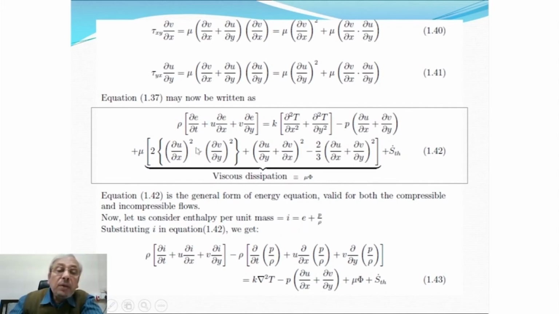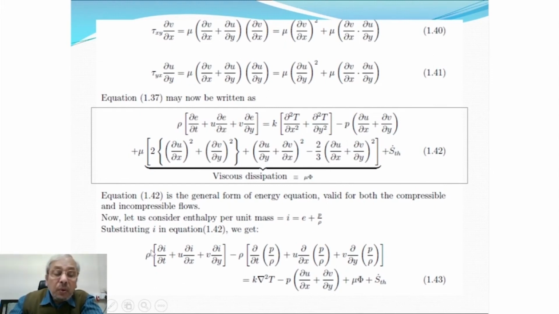Now what we do, we substitute E by I. That means every E will be replaced by I minus P by rho. Every E will be replaced by I minus P by rho. Now this is del del T of E, so E will be replaced by I minus P by rho.